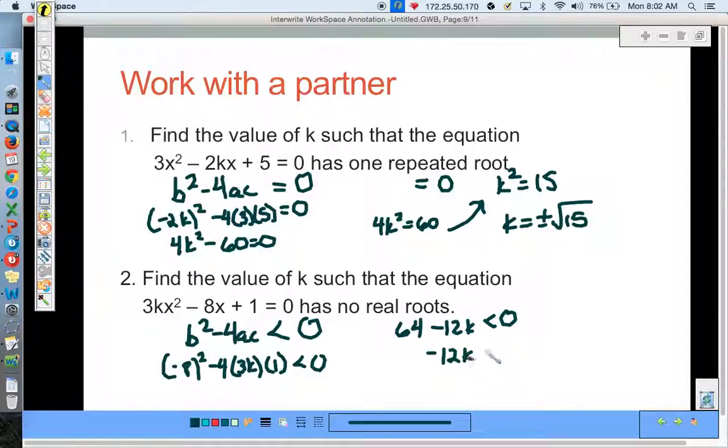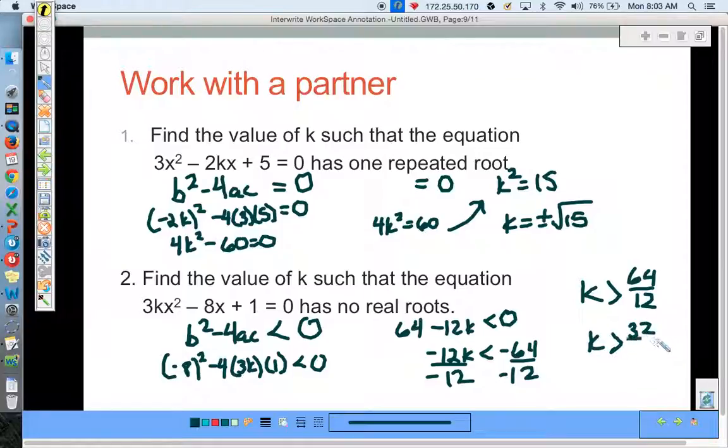So negative 12k is less than negative 64. And then when we divide by a negative, you have to remember we have to switch the sign. So k is greater than 64 twelfths. So k is greater than, let's see, 32/6. Cut it in half again. K is greater than 16/3.